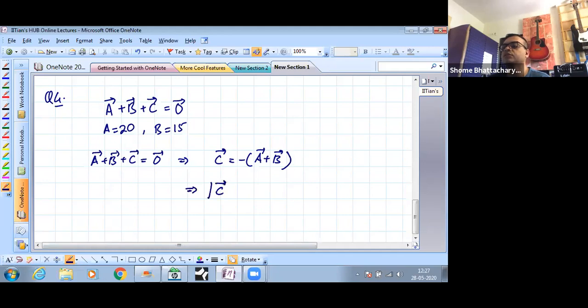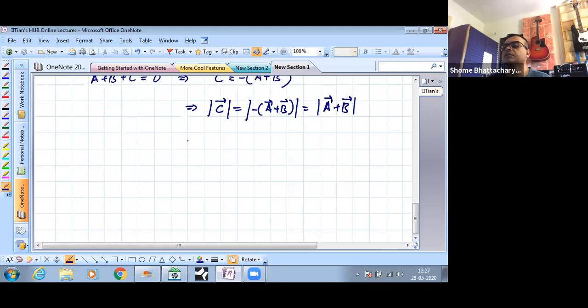So mod of C is equal to mod of minus of A plus B, the same thing as mod of A plus B, which is equal to root of A square plus B square plus 2AB cos theta, that formula.